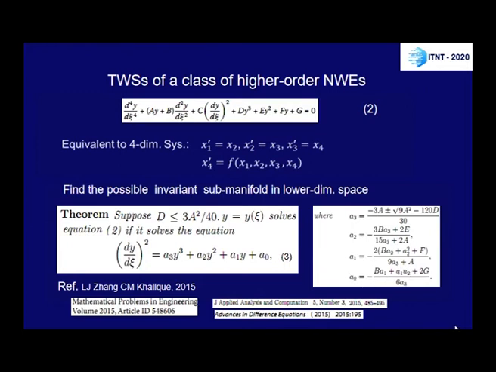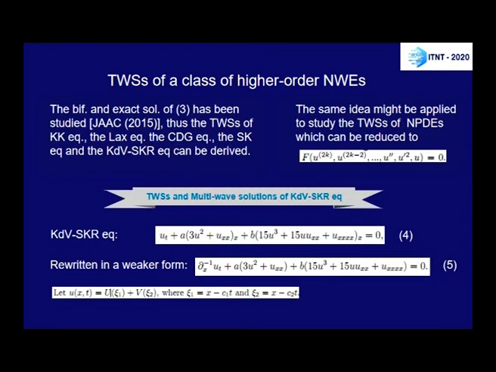We published this paper in 2015 in Mathematical Problems in Engineering. If you want to see more details, please refer to this paper, and also the Journal of Applied Analysis and Computation. So for the bifurcation and exact solutions of the first order nonlinear ODEs, if we find the solutions, then we can get the traveling wave solutions.